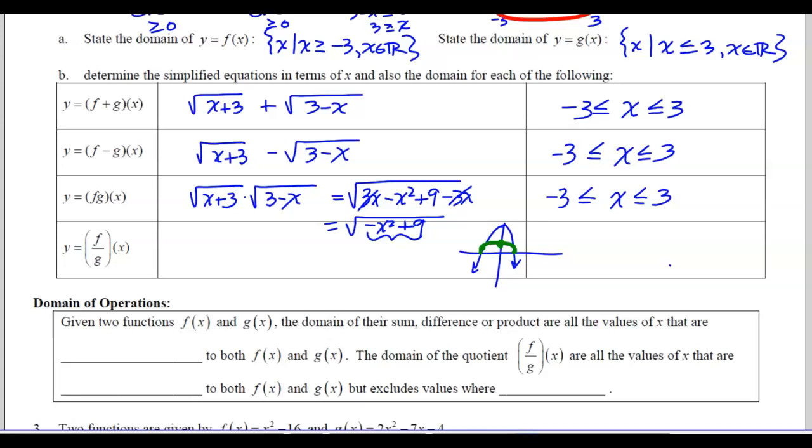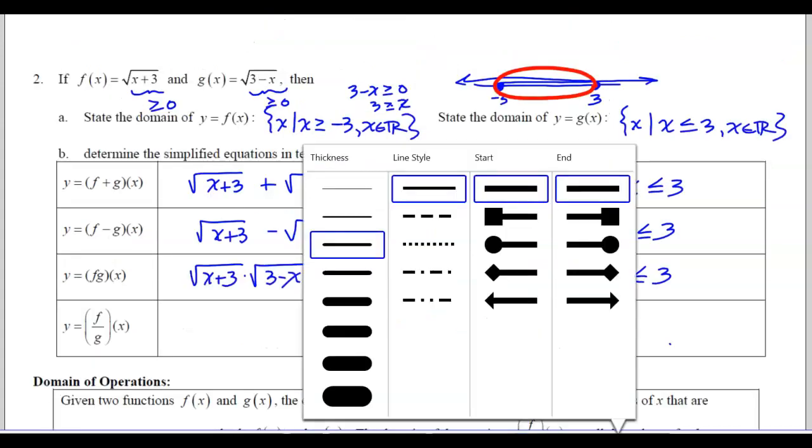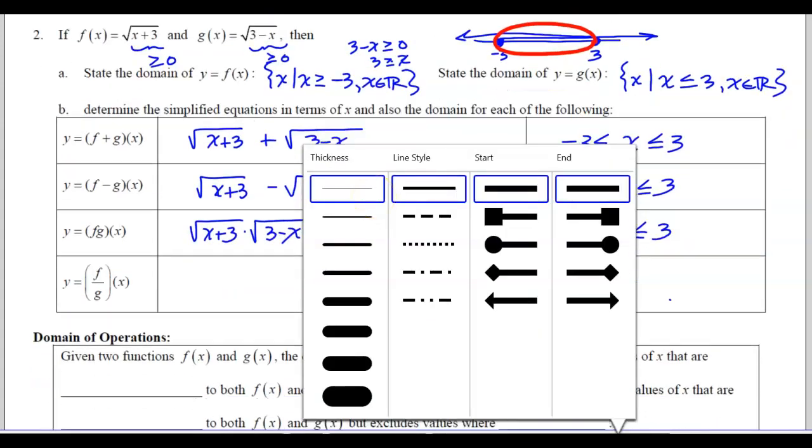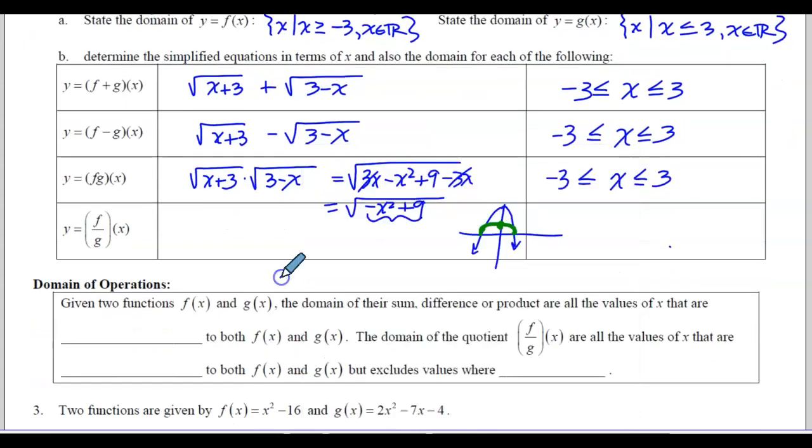And then last is the division. Again, nothing you can do because they're not common factors. You could rationalize, but we're not going to.